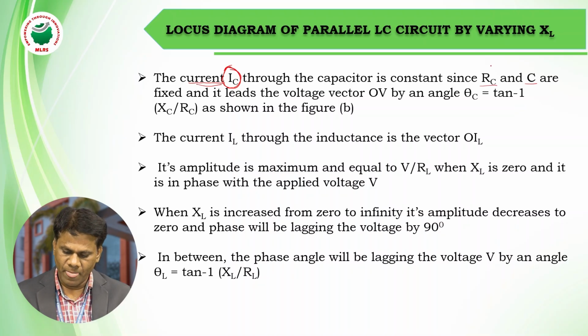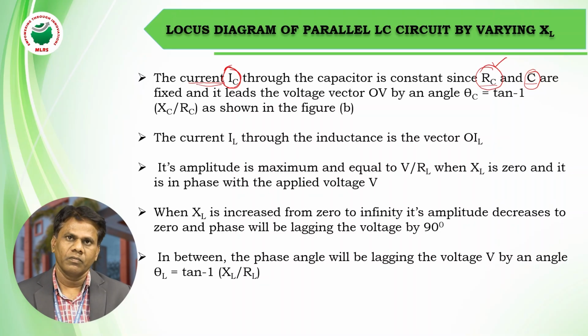Why? Because we are considering the internal resistance of the capacitor RC and the capacitor itself, and I am fixing the capacitor of the LC circuit with its internal resistance RC. With RC and the capacitance fixed, the current flowing through the capacitor, IC, is constant.